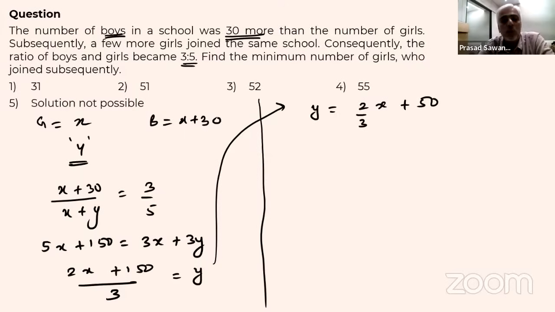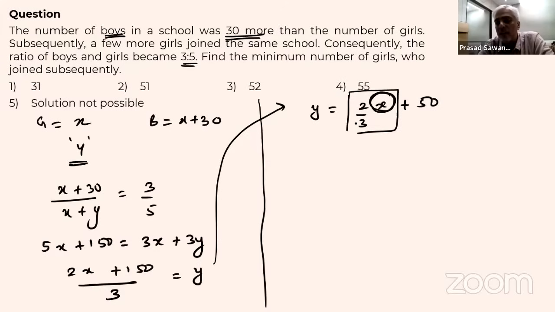Now, can x be 0? No, x cannot be 0 because there were some girls at least. So the minimum value for x will have to be 3. Because if I don't take x as 3, this will be a fraction. That will be a problem.